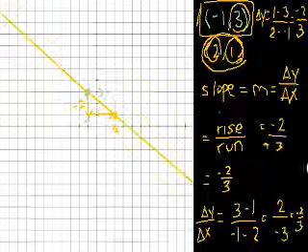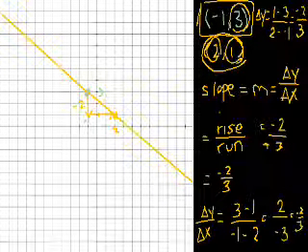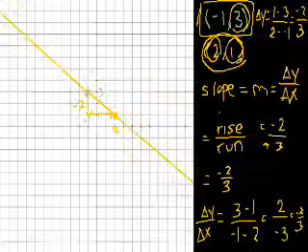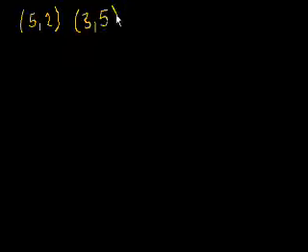And actually, I'm going to do a couple just so you see the algebra without even graphing it first. So let's say I wanted to figure out the slope between the points (5, 2) and (3, 5). Well, let's take this as our starting point.